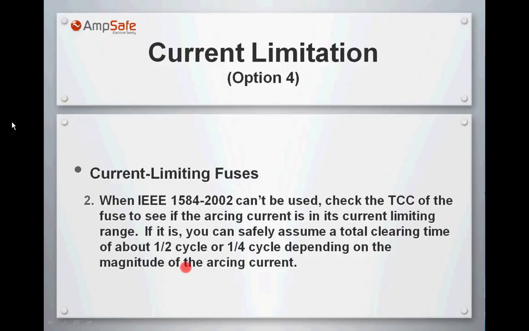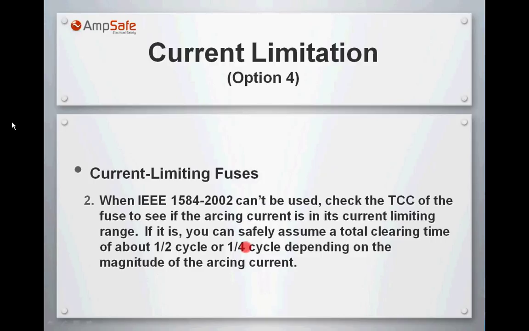If the arcing current is in the current limiting range or threshold of the current limiting fuse, you are going to impose a standard opening time of a quarter of a cycle or a half of a cycle when the current limiting range of the fuse is achieved. So you have two standard times, a quarter of a cycle and a half of a cycle. Now, which one to pick will depend upon the magnitude of the arcing current. And let me explain this.